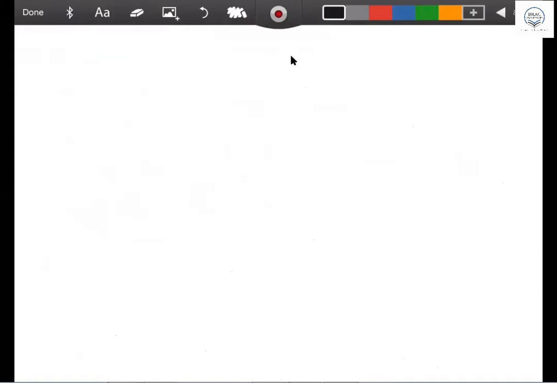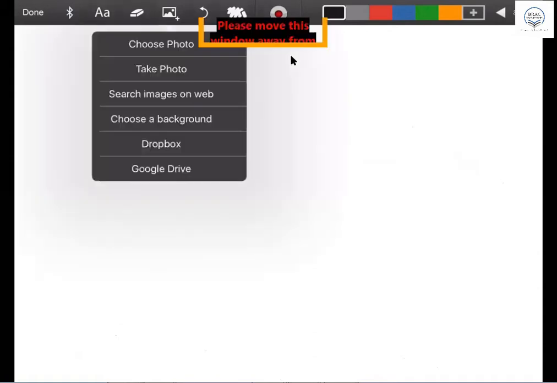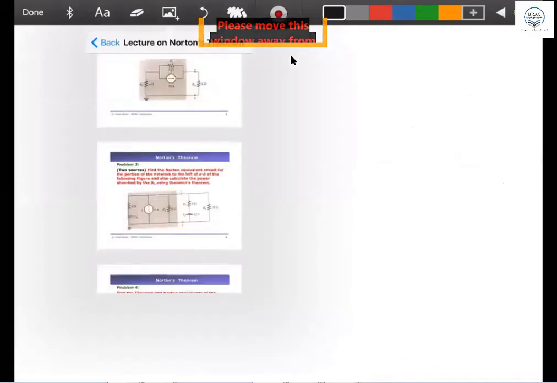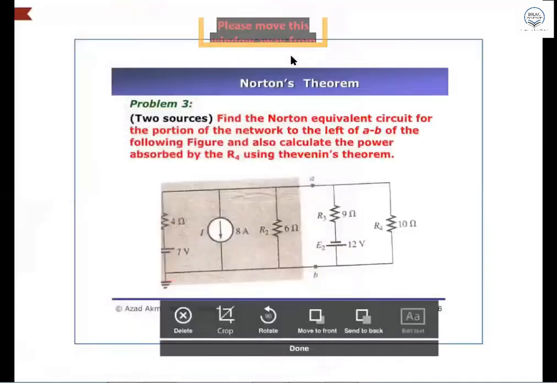Okay, just respond. Now let's go with the next problem, that is this one. We are going slowly towards complexity instead of initially going to the complexity. That's what I saw with Thevenin's theorem. All brains were short circuited when going for it.